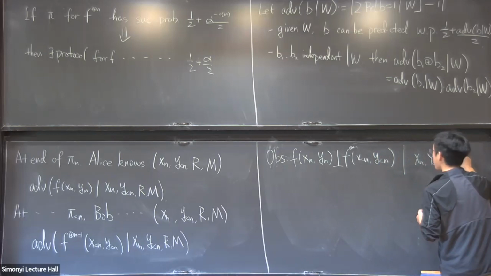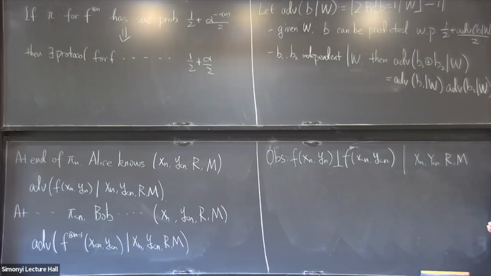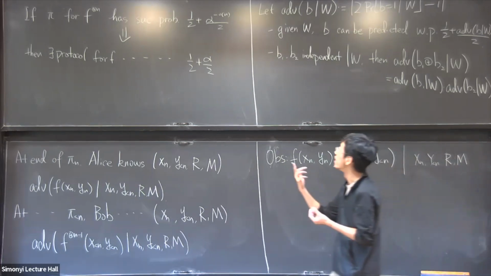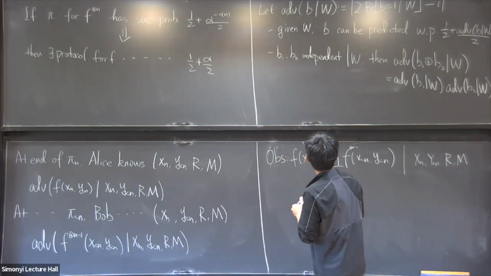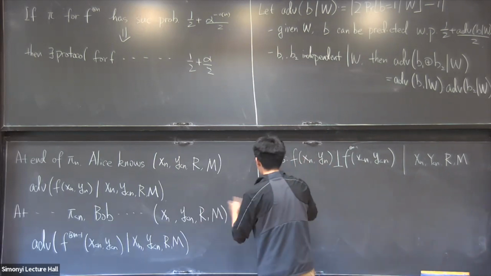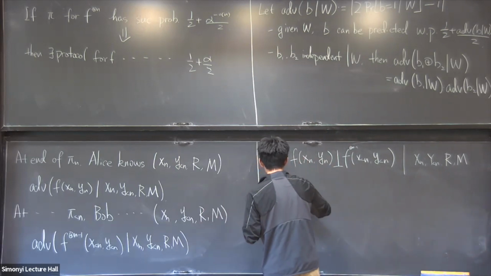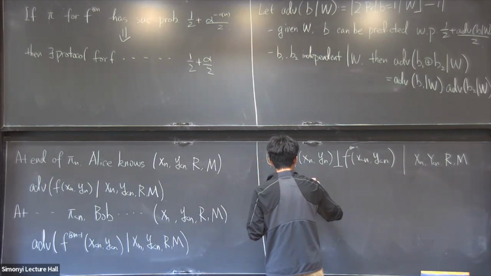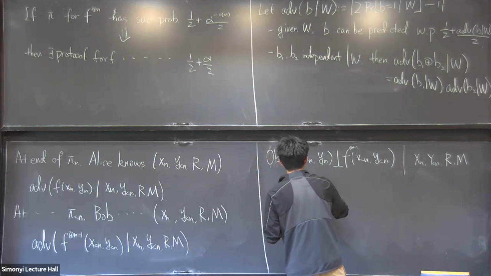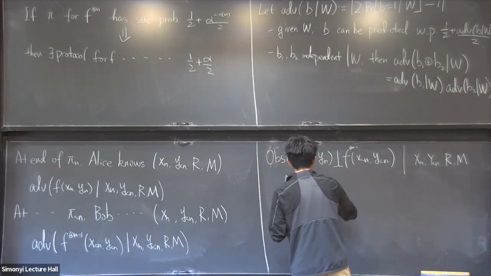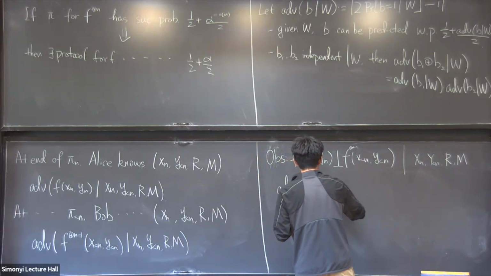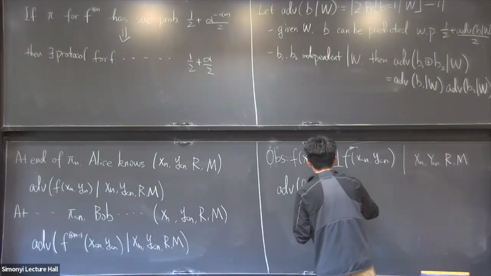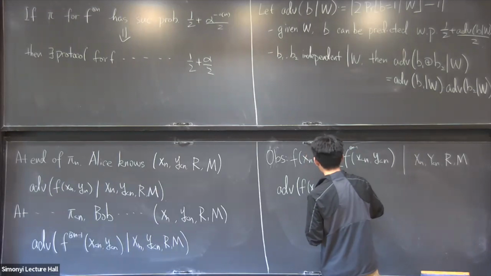What this means is that by the second property of this advantage, the product of these two advantages is equal to the advantage of the XOR of these two bits, which is exactly f to the n evaluated on the entire vector.